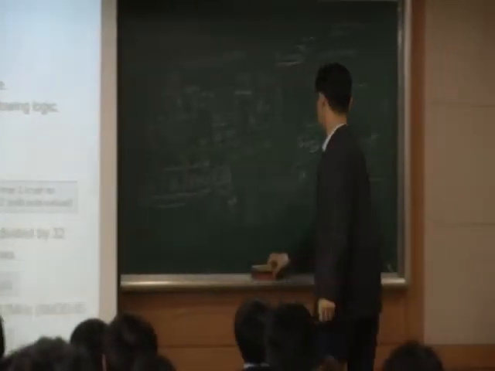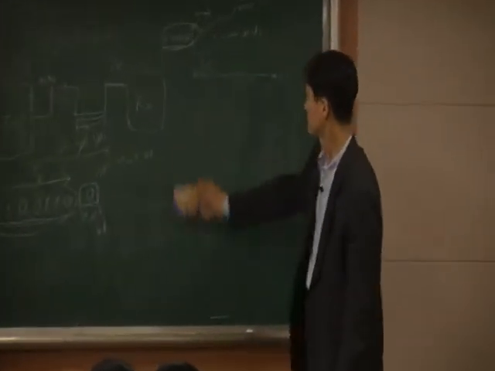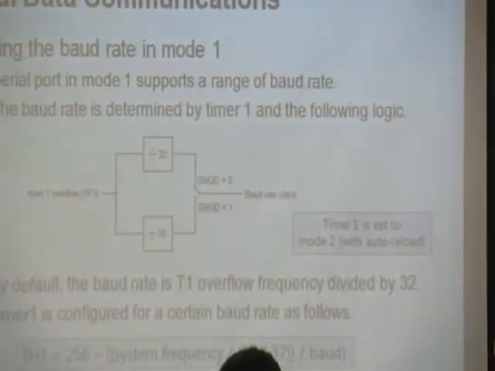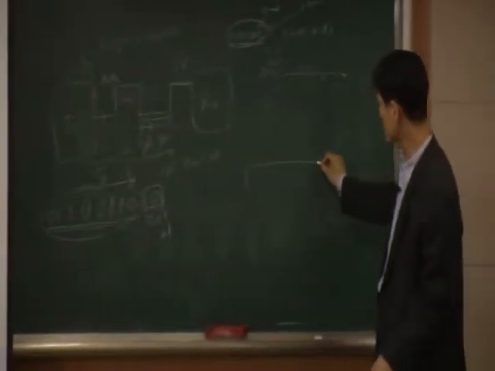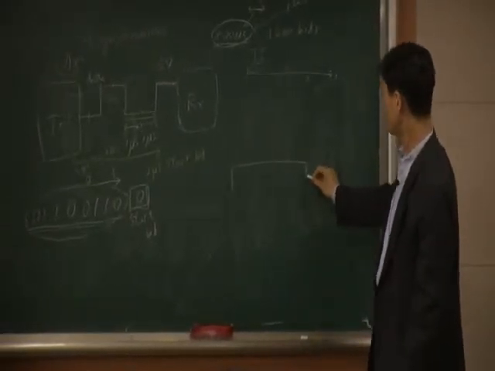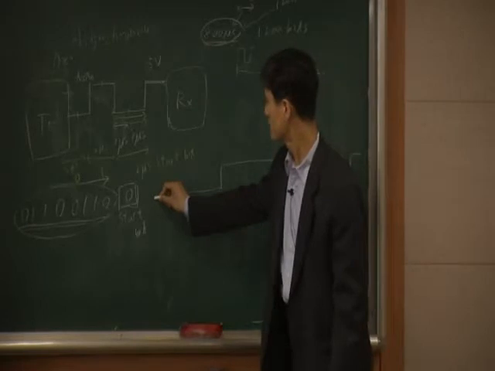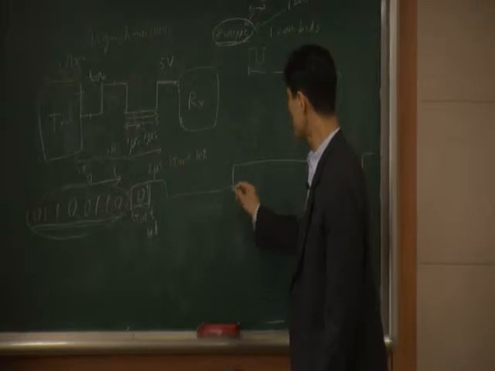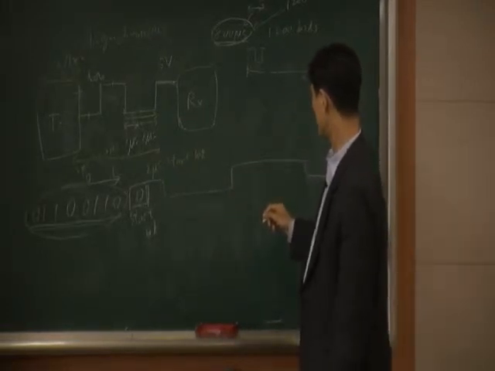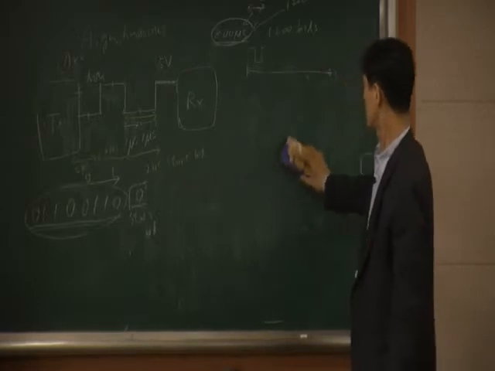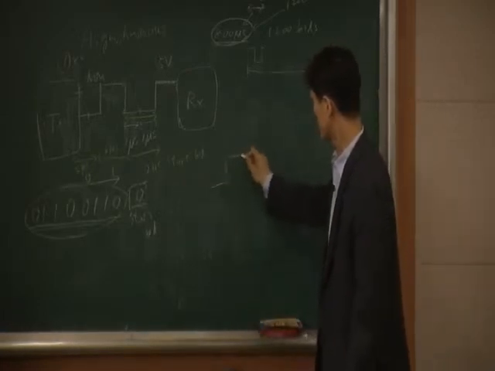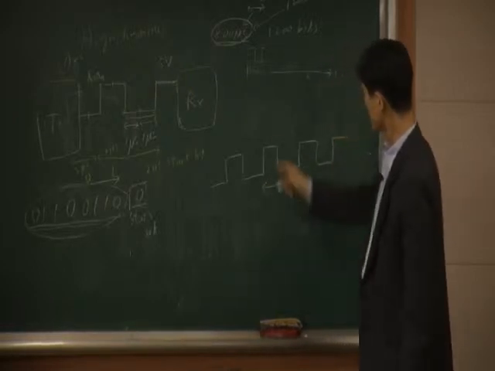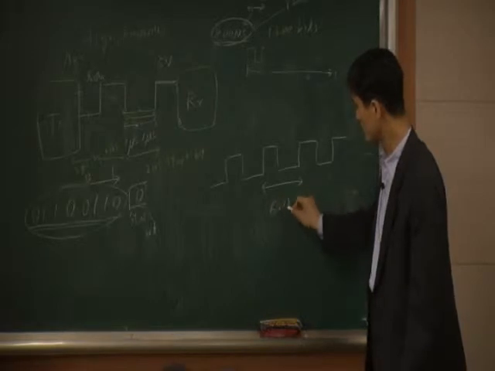Okay, so here's the thing. Right here, at the output, what they mean is you have some clock, baud rate clock. That baud rate clock looks like this. But this clock, one clock duration, is, as I said, 800 microsecond.